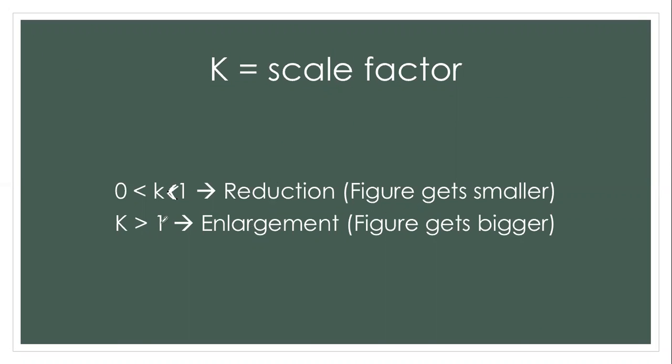But if my K value is greater than 1, it will get bigger. This is huge. Make sure you write it down. So if my K is between 0 and 1, it's a reduction, or gets smaller if you don't understand the word reduction. If my K is greater than 1, it is an enlargement. My figure gets bigger.